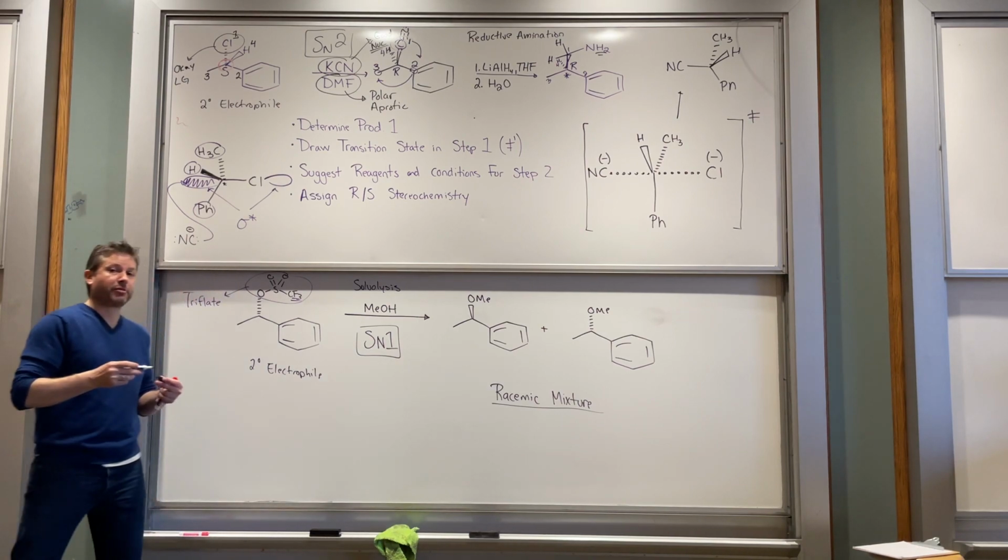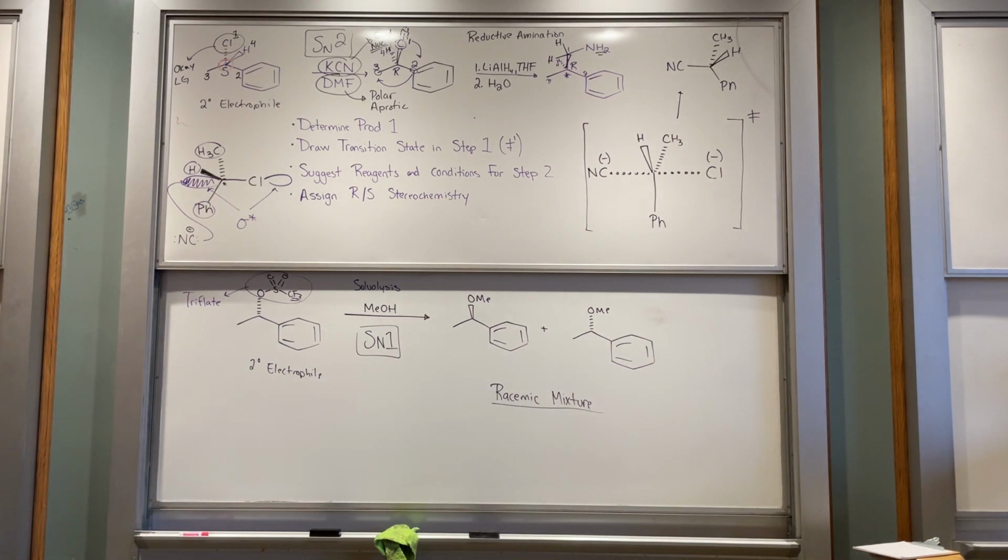And because this is happening through a unimolecular pathway, it's going to result in a racemic mixture of enantiomers.